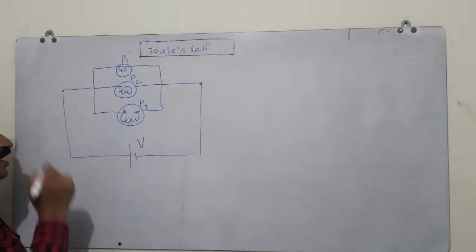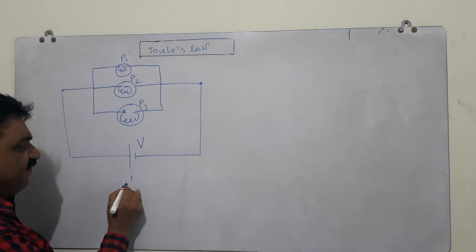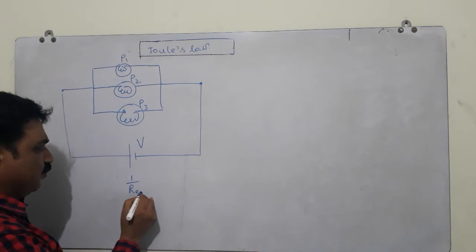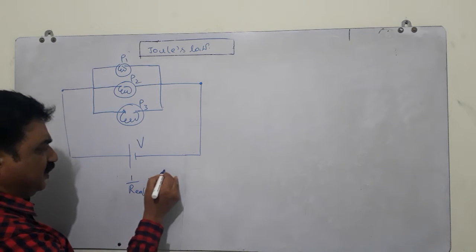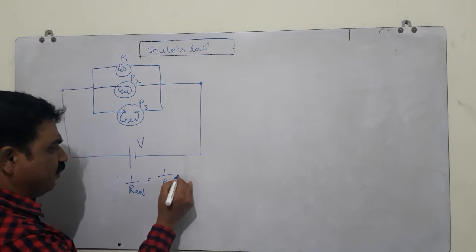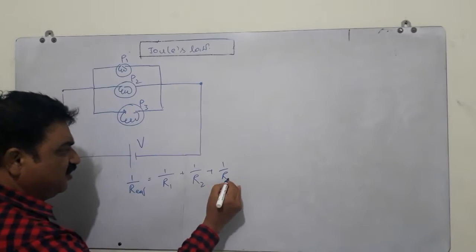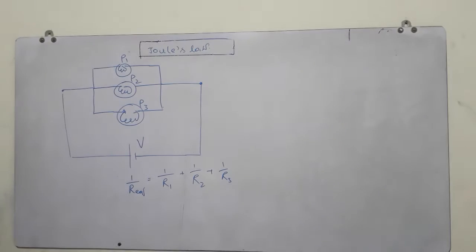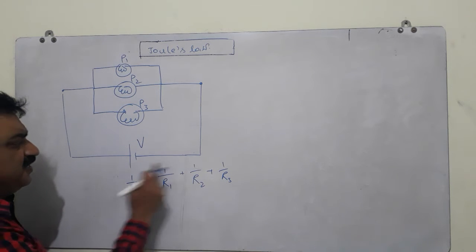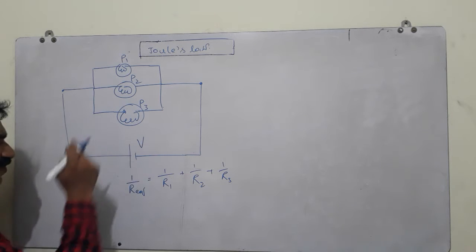For parallel combination, the effective resistance is 1 by R equivalent equals 1 by R1 plus 1 by R2 plus 1 by R3. See here, I am multiplying each and every term with V squared.